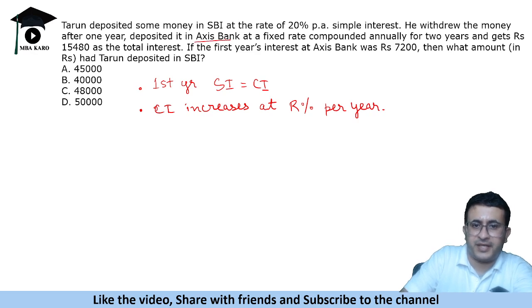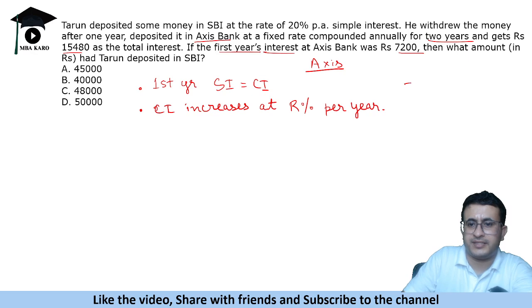So in Axis Bank 2 years में compound interest कितना है 15480 and first year interest कितना है 7,200, right? So now we will talk about this Axis Bank transaction. So first year SI is equal to CI, that is 7,200 and total compound interest is 15480.